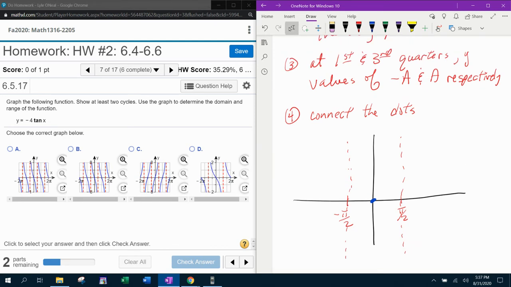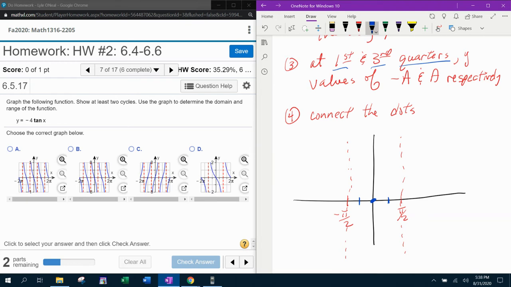And then now for step number 3, let me see if I can break this down for you. At the first and third quarters, that means if I come back here to my consecutive asymptotes, right now I've got this broken down into 2 spaces. 1, 2. If I break that down into fourths by putting hash marks here and here, then these become quarters.